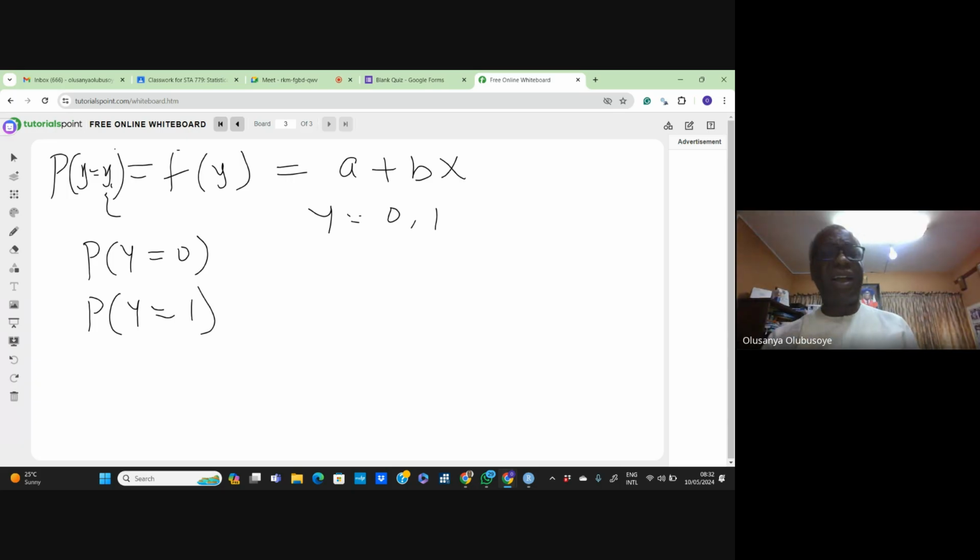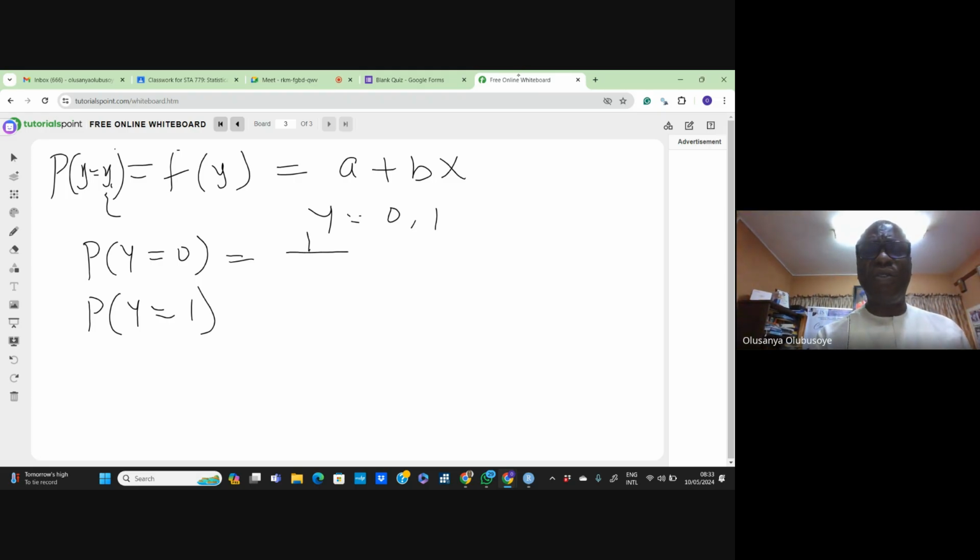So the function that is used, generally, the function will then become 1 over 1 plus the exponent raised to the power minus x.